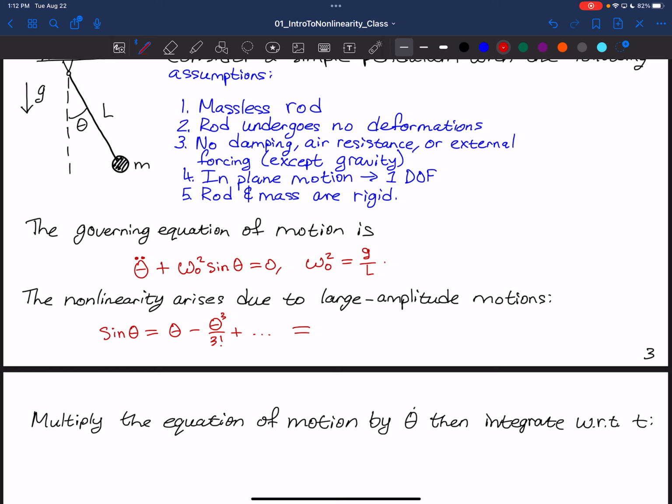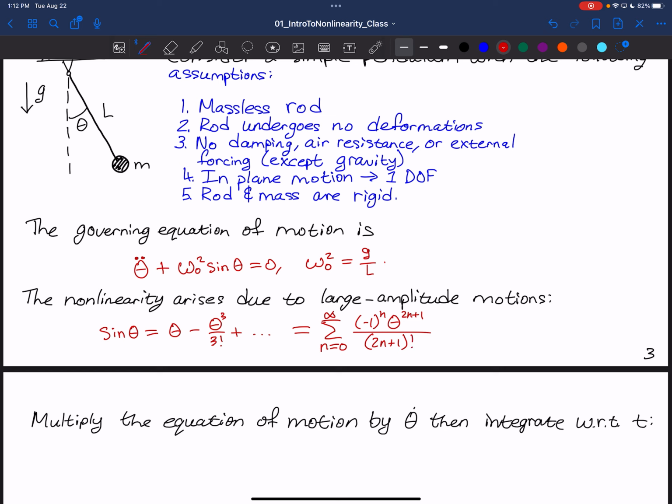And then you can write this out as an infinite series from n equals 0 to infinity of the fraction minus 1 raised to the n, theta to the 2n plus 1 divided by 2n plus 1 factorial.